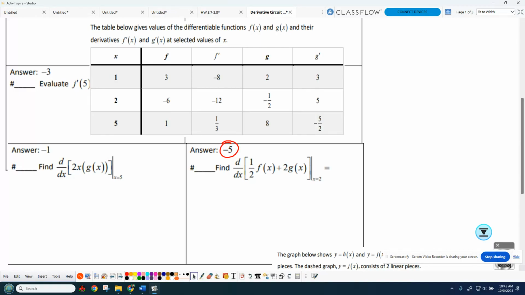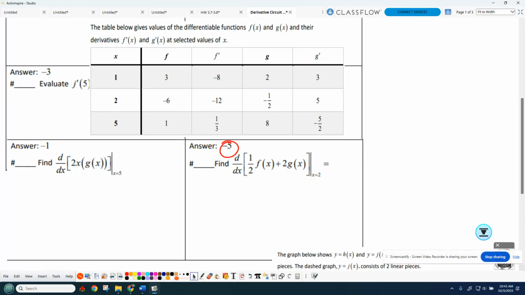Hand them around. What do you get? 4? Because it is half of f prime plus 2 g prime, and then evaluating at 2.